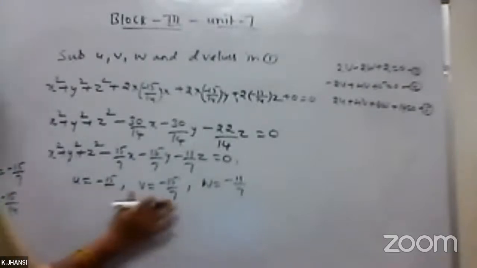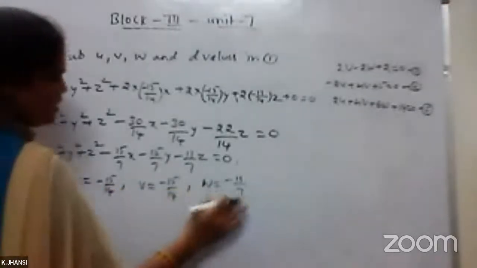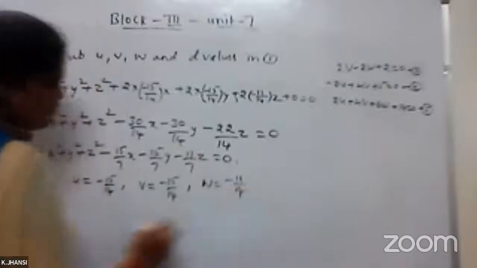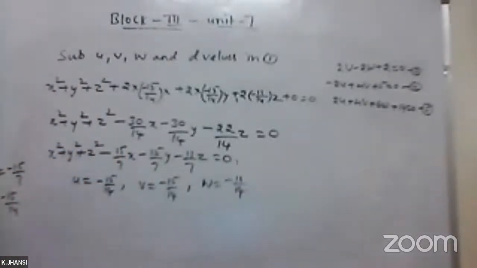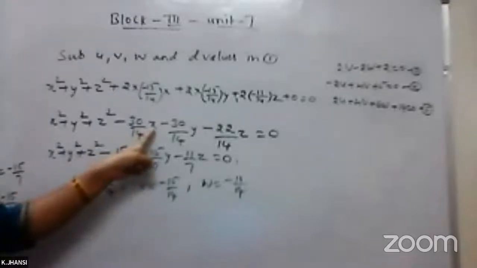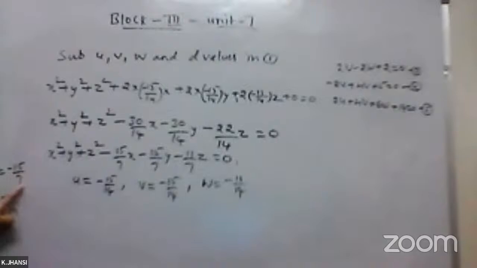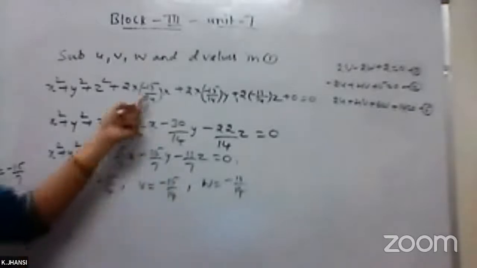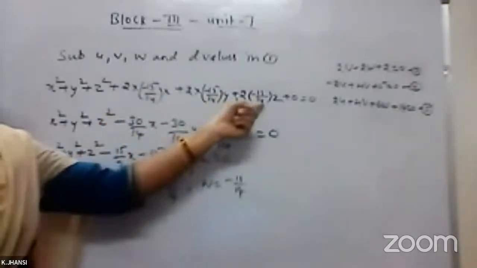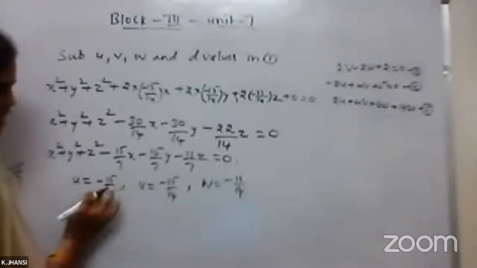Similarly v is minus 15 by 7 over 2, and w equals minus 11 by 14. Whatever the 15 by 7 is there, it equals 2u, because x is there. So if you equate 2u equals minus 15 by 7, u is minus 15 by 14. So these are the u, v, w values.